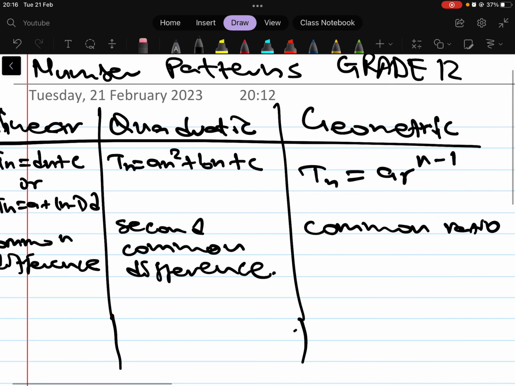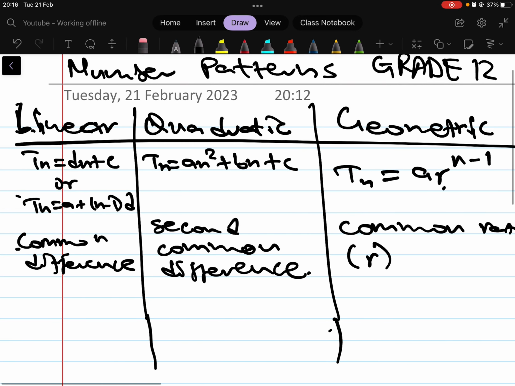That common ratio for geometric number patterns is given by this r. This r represents the common ratio. In linear number patterns, the d represents the common difference. In quadratic number patterns, the common difference is represented by 2a, not just a.